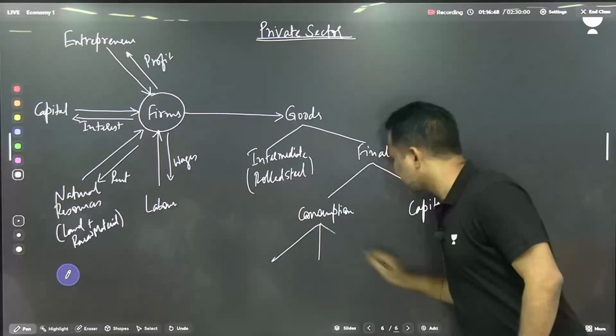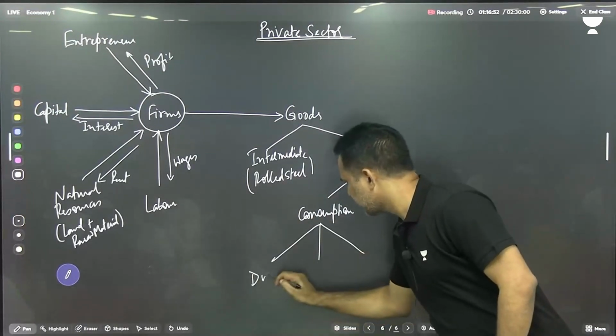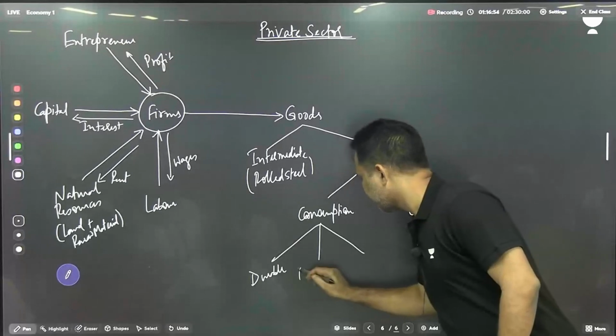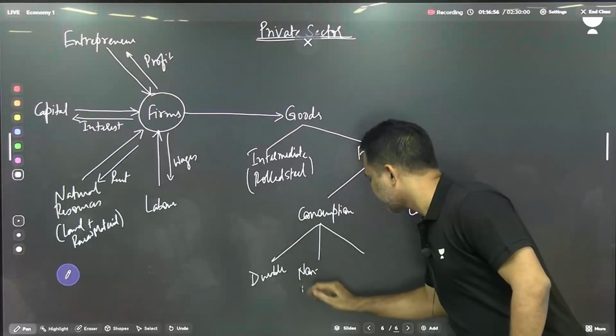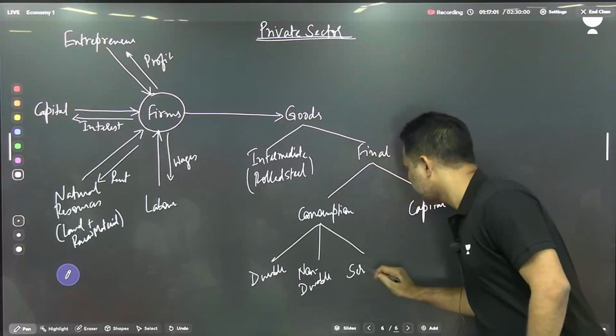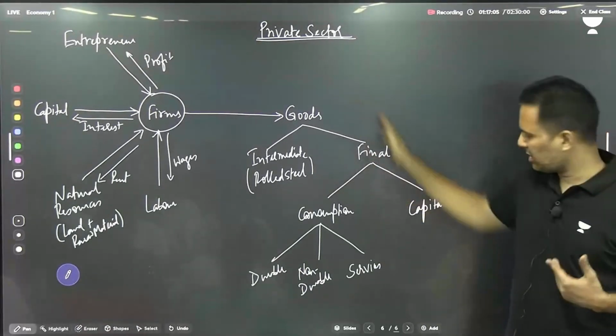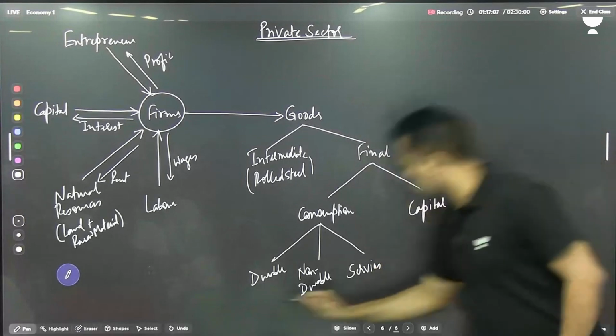Consumption can further again be classified as durable, non-durable and services. I said that services are included here, so all the services are part of consumption goods.